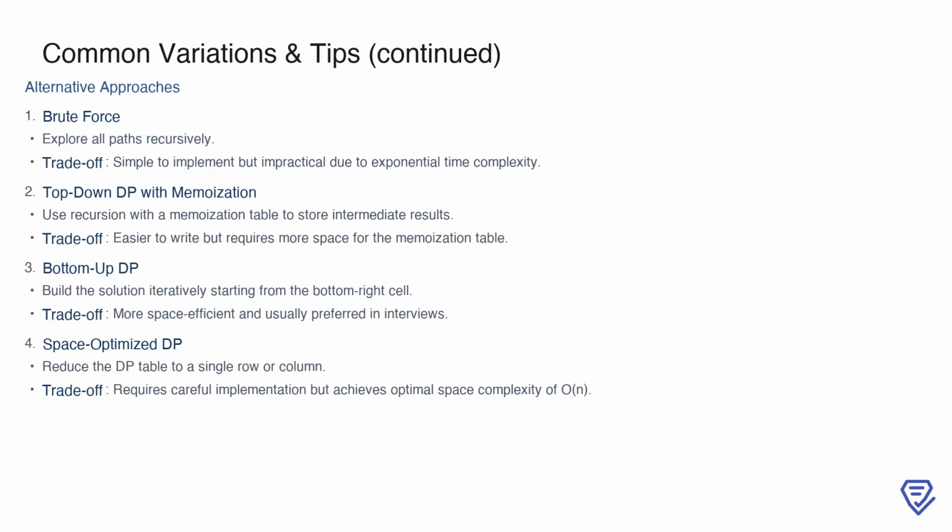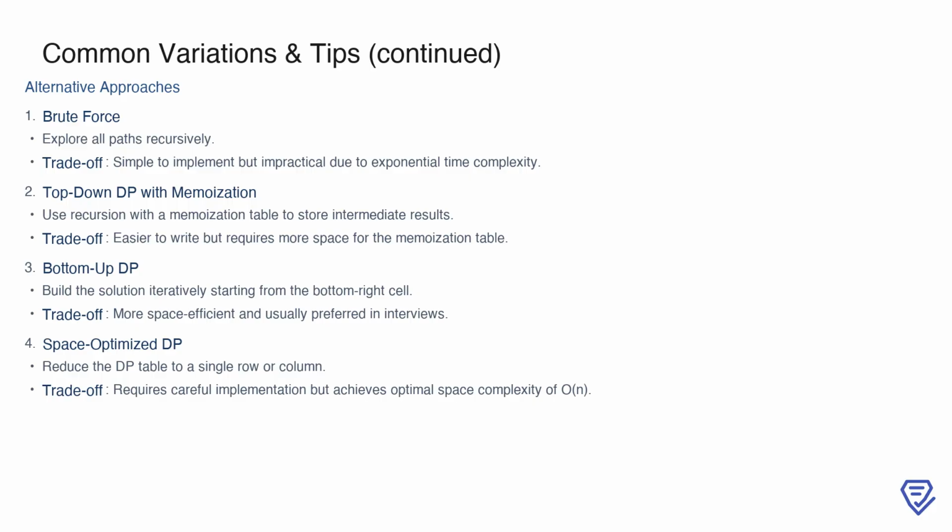There are multiple approaches to solving this problem, each with its trade-offs. Brute force involves exploring all possible paths recursively. While simple to implement, it's highly inefficient due to its exponential time complexity. A better approach is top-down dynamic programming with memoization, which stores intermediate results to avoid redundant computations.